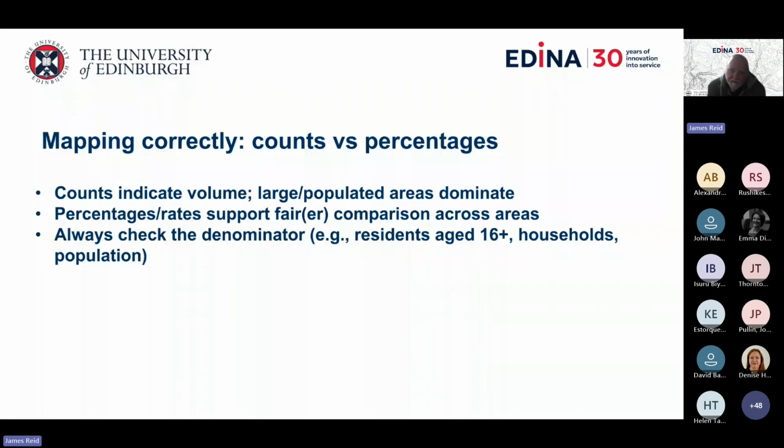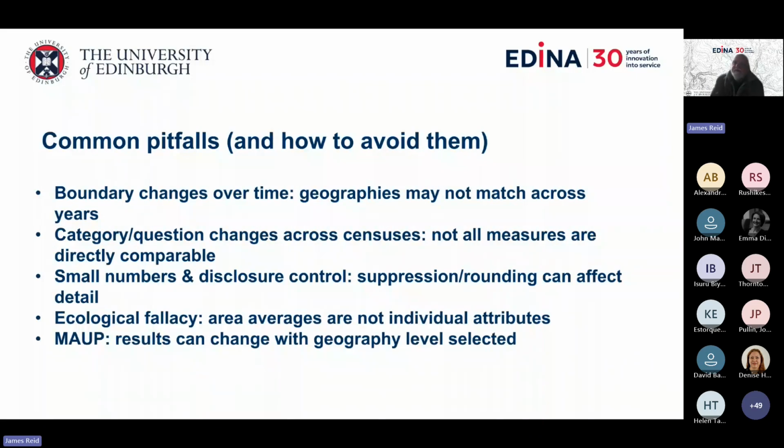But you also need to pay attention to the denominator that you're looking at. If you're looking at residents as people or households and population counts, there are a range of common pitfalls. There are ways to avoid them. It's not always easy to avoid them completely.